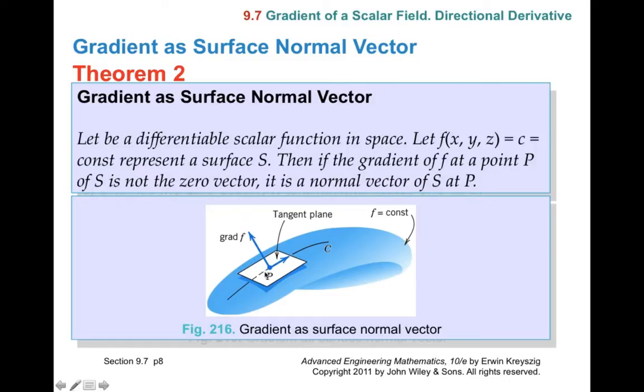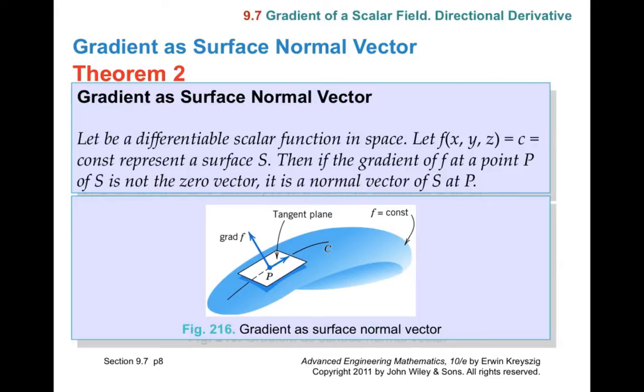That can be useful because sometimes you're interested in determining where the normal vector lies and how it is oriented with respect to things like electric potentials. Sometimes you're interested in surfaces of constant potential.